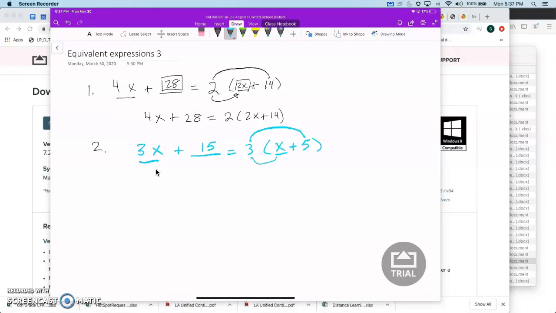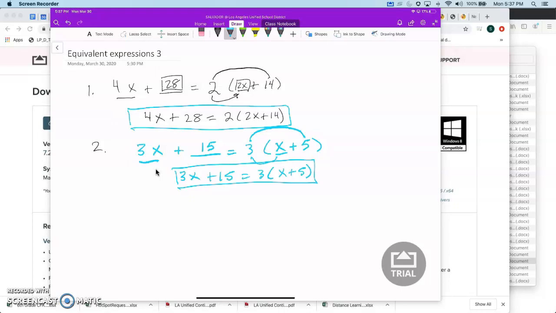And 3 times x will give you 3x. So we rewrite this as 3x plus 15 is going to equal 3 times x plus 5. The answer I'm looking for in this one is just how we write this as this. Okay, completely.